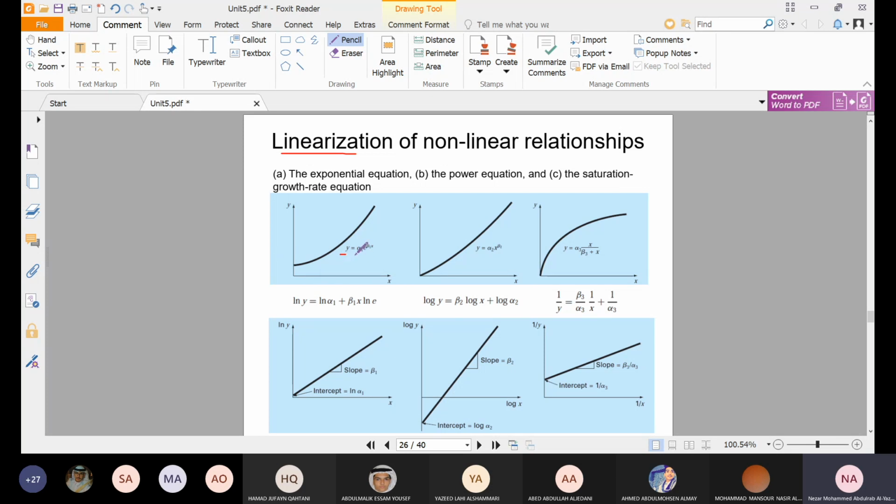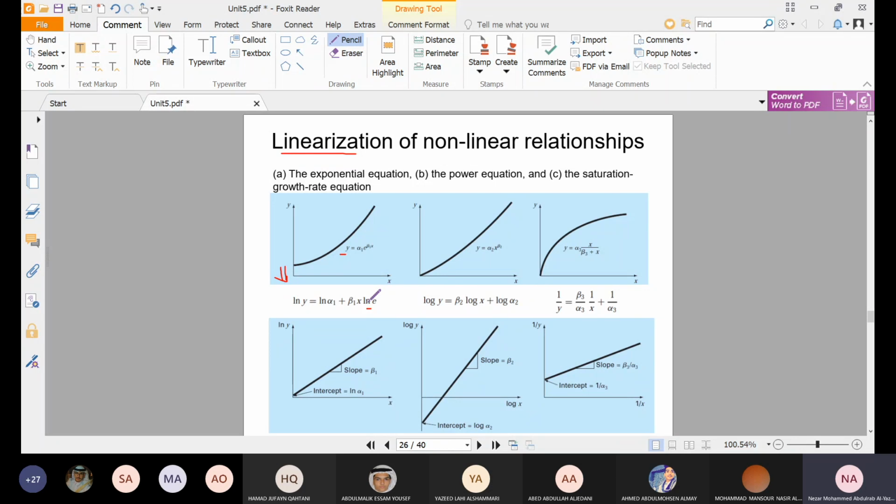And we know the anti-exponential is usually the ln logarithm. If we apply ln on both sides, here I will get ln y, and here I have ln alpha plus beta x ln e, and we know the value of ln e.